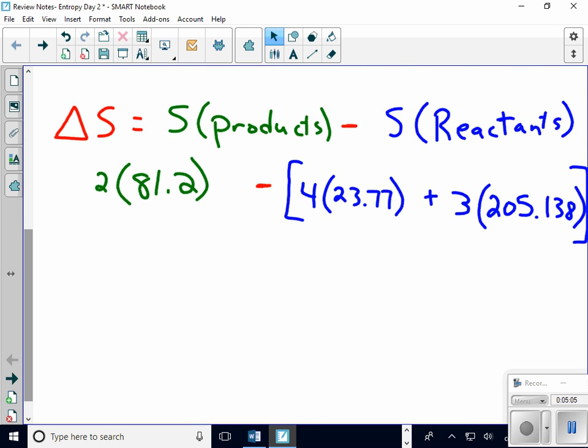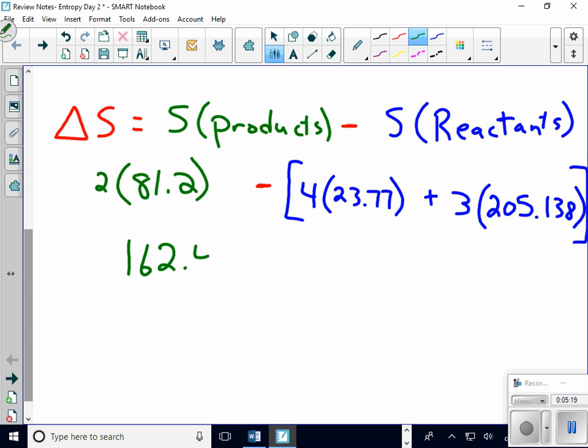So when I do my math, I'm just going to simply take 81.2, multiply it by 2, and I get a value of 162.4.